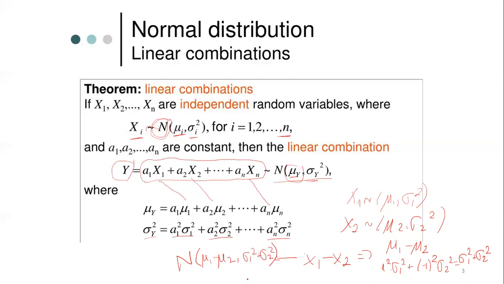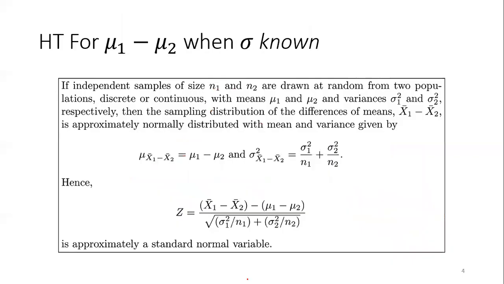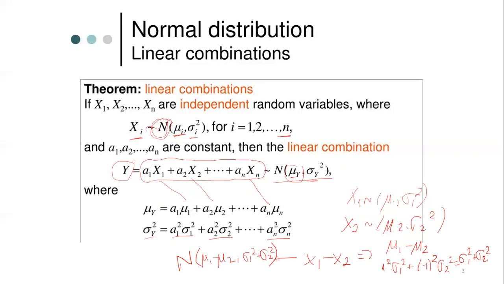Now, using this, before getting into the slide, let's think about how we can use it in terms of two means. Remember, for two different populations we will have x1 bar and x2 bar.